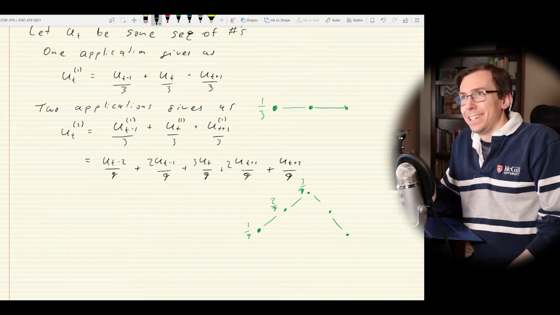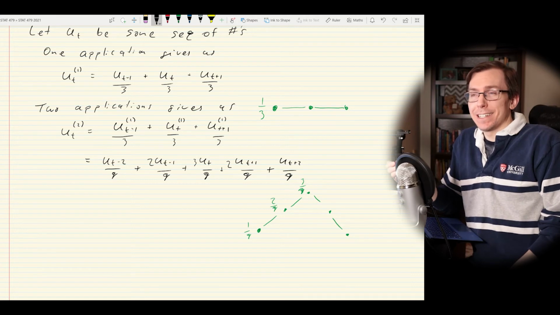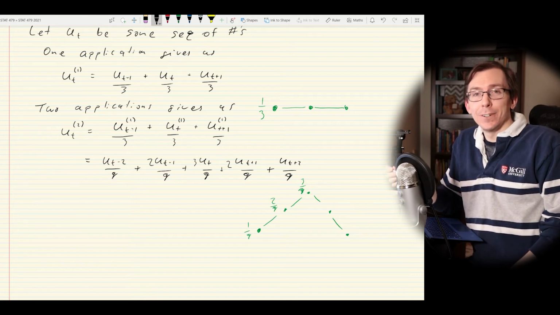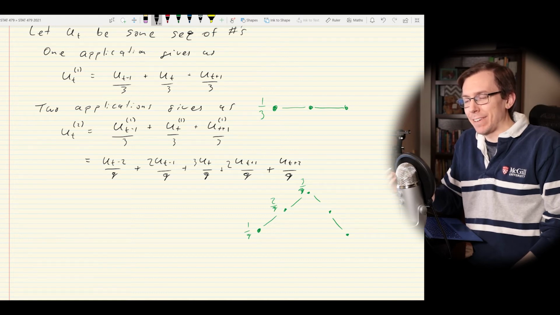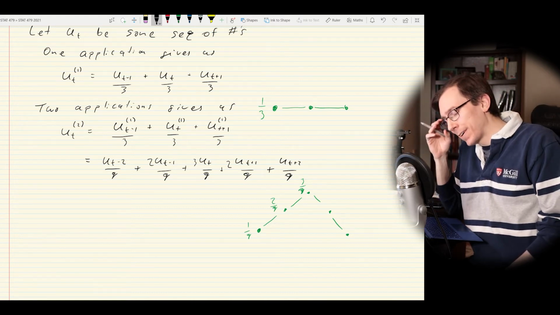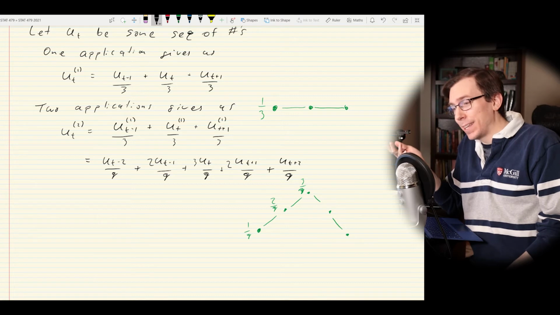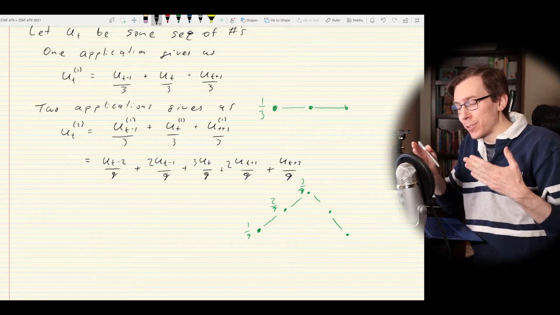This is very closely related to the idea that if I take the uniform distribution and convolve it with itself, that is, if I add two uniform random variables together, I end up with a triangle-shaped distribution.